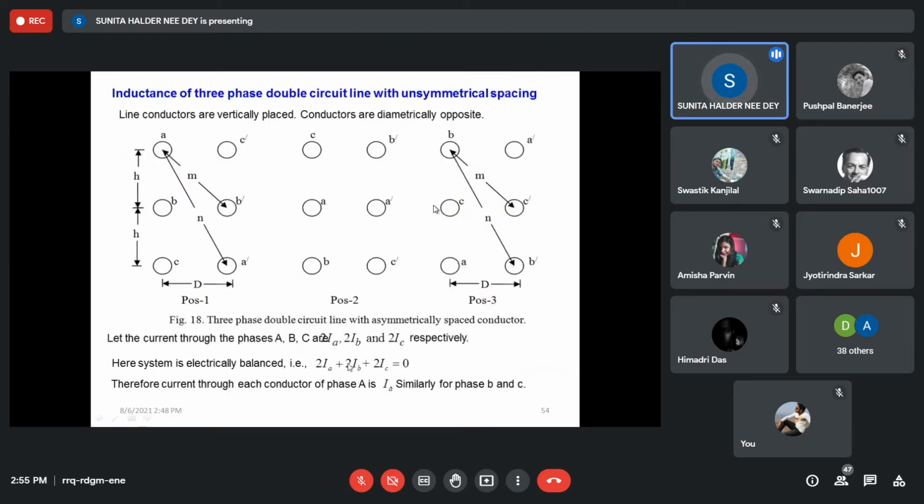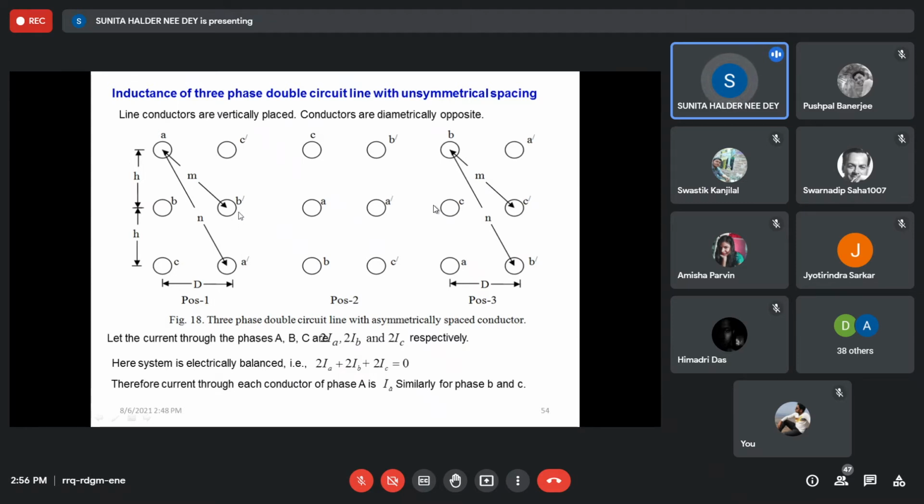So now let us go for the inductance of a three-phase double circuit line with unsymmetrical, asymmetrical spacing. Then what will happen? If the spacings are asymmetrical, then obviously the conductors are generally not at the vertices of a regular hexagon. So this may be a possible spacing of conductors.